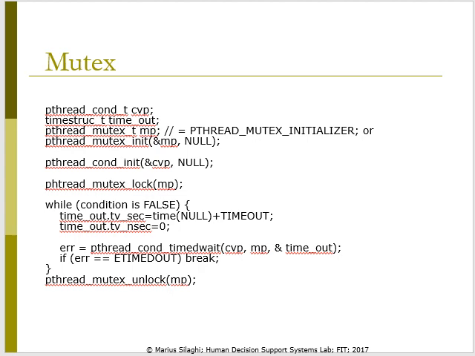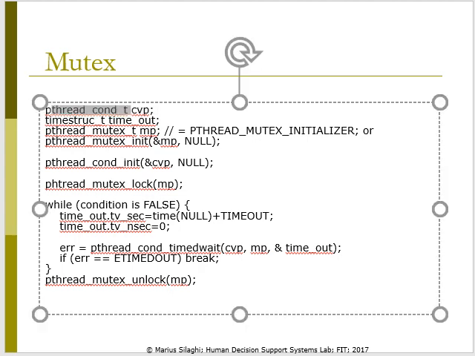In order to access these mechanisms from POSIX threads, we can use the definition of a condition variable, which can be declared with the type pthread_cond_t. And the mutual exclusion area is declared with pthread_mutex_t.